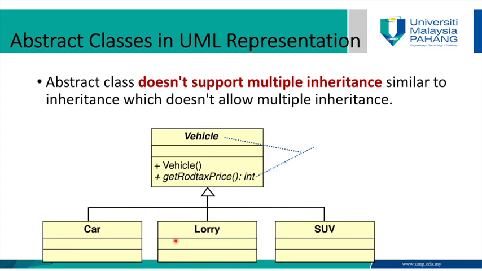In the UML representation, this is how we represent our abstract class. An abstract class doesn't support multiple inheritance, similar to inheritance, which doesn't allow multiple inheritance. So when you are using an abstract class, you can only use one inheritance.